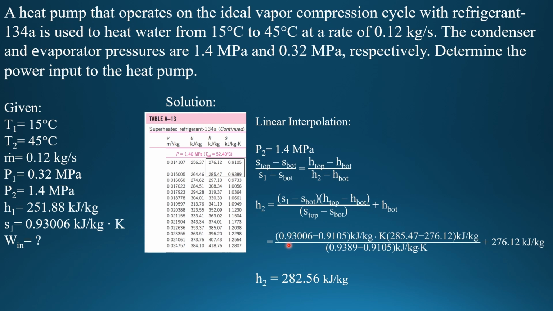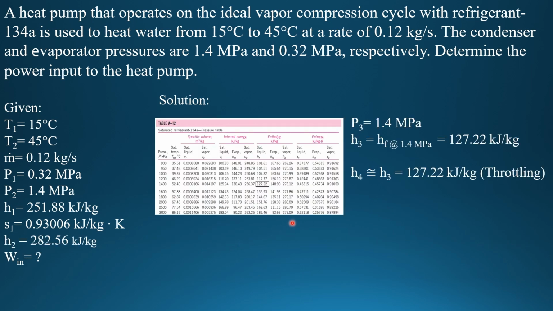We have 0.93006 minus 0.9105 kilojoules per kilogram Kelvin times 285.47 minus 276.12 kilojoules per kilogram divided by 0.9389 minus 0.9105 kilojoules per kilogram Kelvin, plus 276.12 kilojoules per kilogram. So we have this specific enthalpy at state 2 that is equal to 282.56 kilojoules per kilogram.